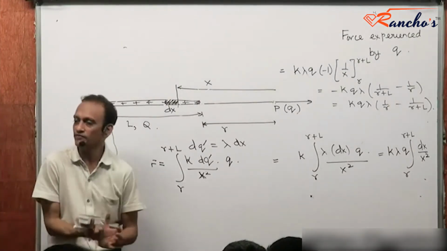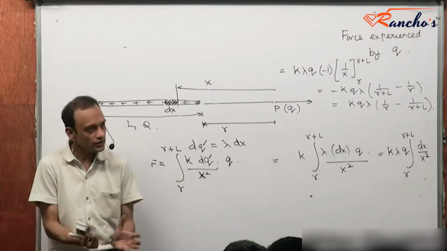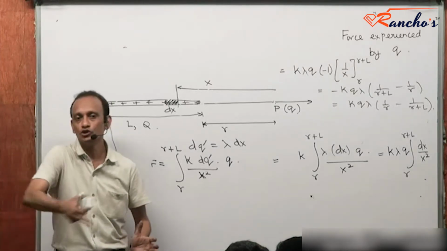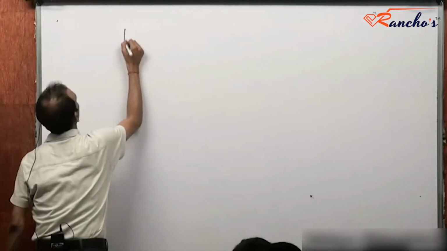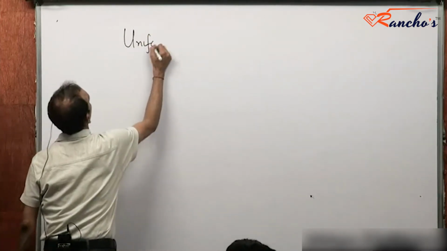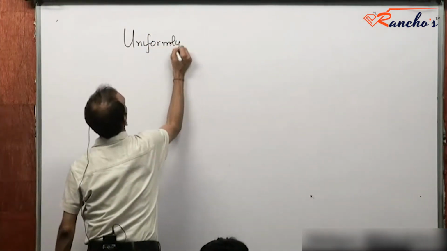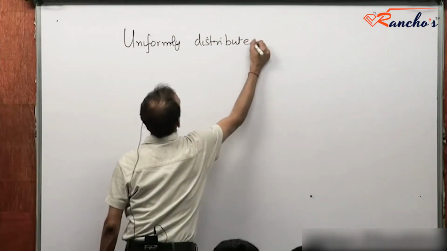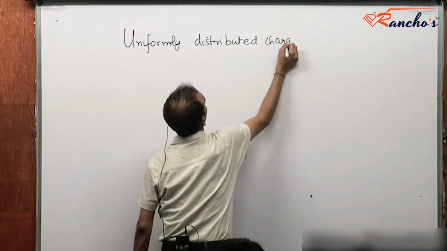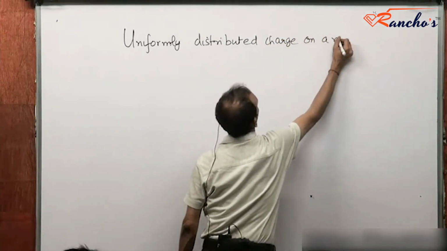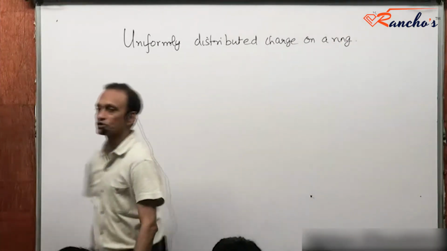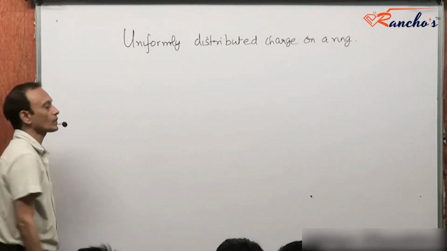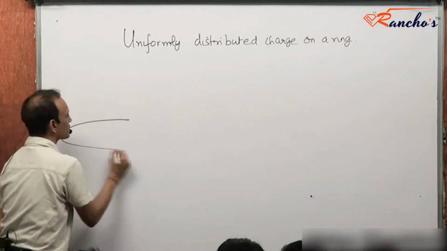Next, I'll take a ring of charge, with charge uniformly distributed on the ring. See, there is a ring of radius r.